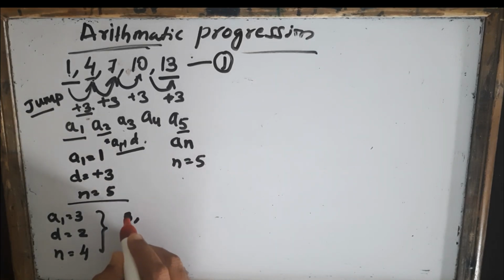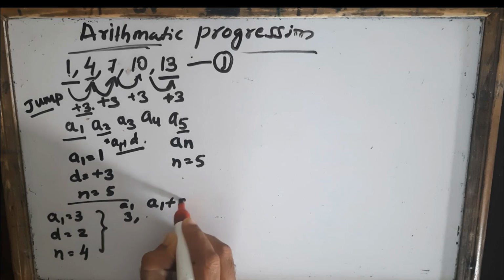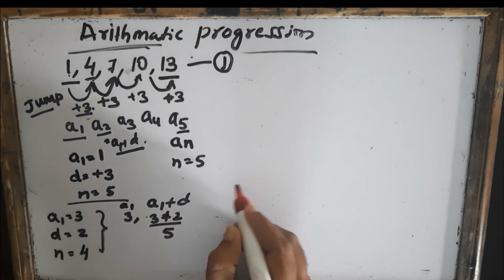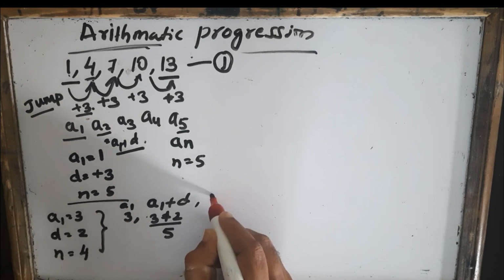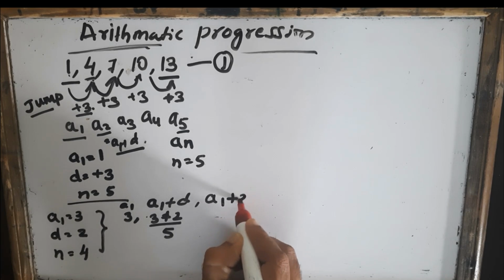So the first element will be A1, 3. The second element will be A1 plus D, that is 3 plus 2, that comes to 5. Then the next element would be A1 plus 2D.